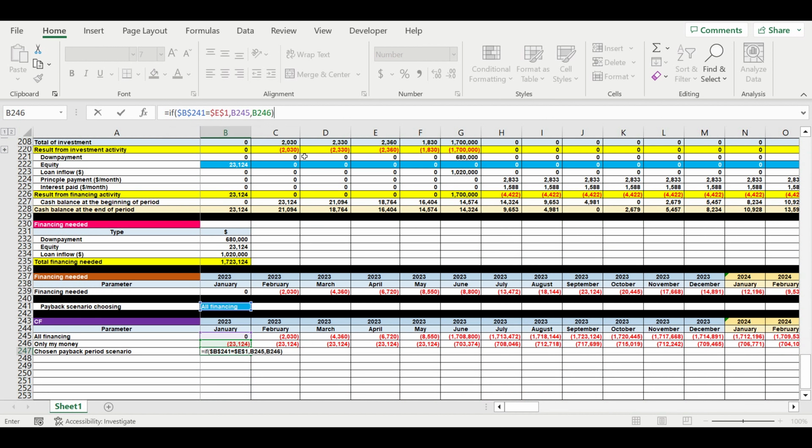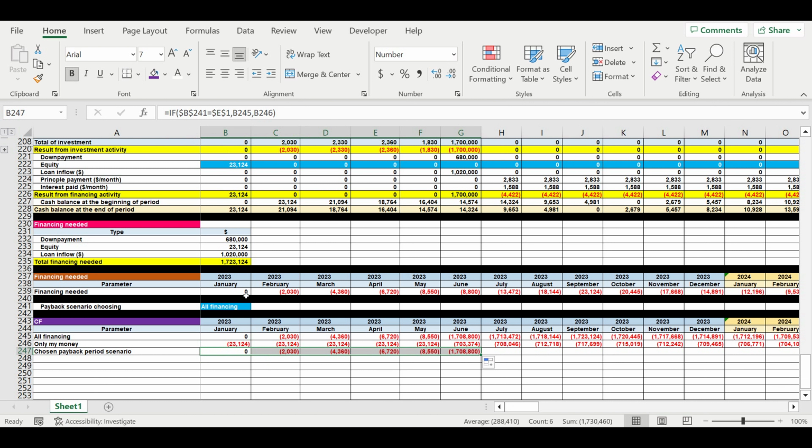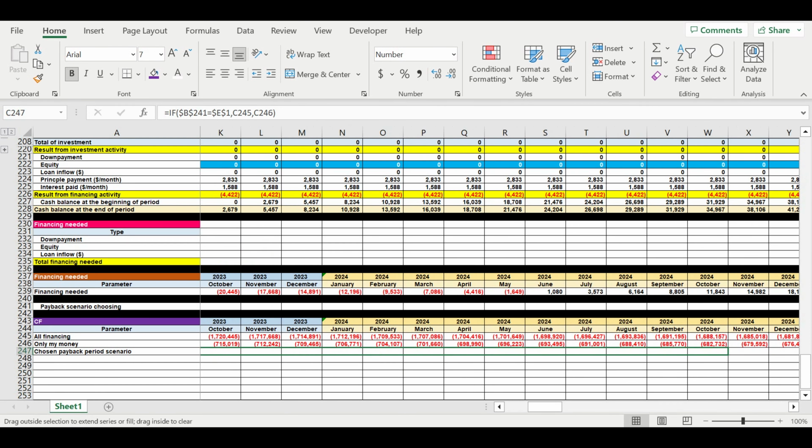Now I'm closing the brackets, and so if I change the type of payback period that I would like to look at, these values will be changing.